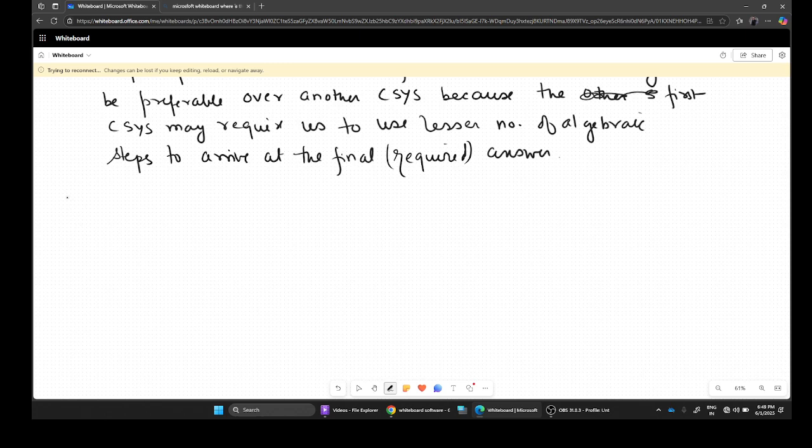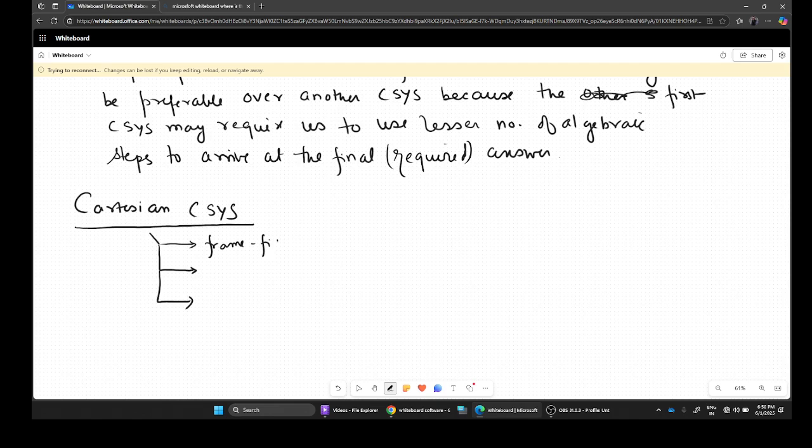So let's look at the Cartesian coordinate system in more detail now. As I said, the Cartesian coordinate system can be used in three versions. One is the frame fixed Cartesian coordinate system.